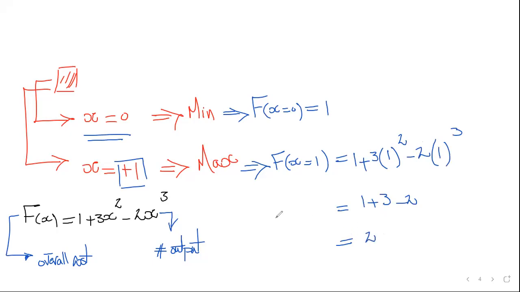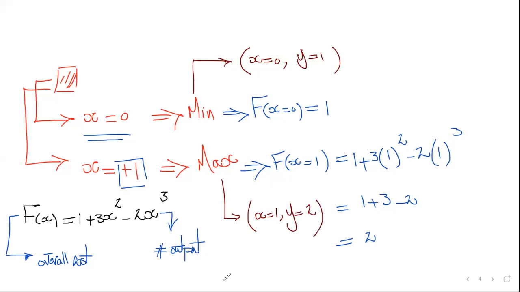Then it means that your maximum cost is 2, for example, 2 pounds, $2. Then the minimum point happens at x equal to 0 and y equals 1. The maximum happens at x equal to 1 and y equals 2.